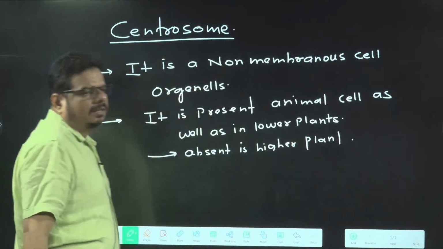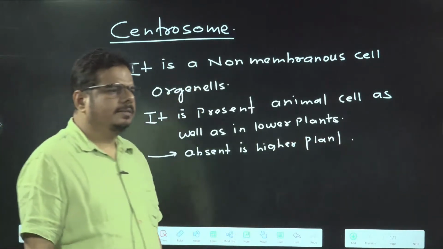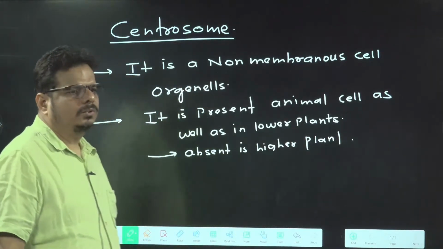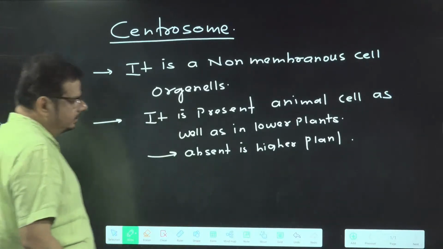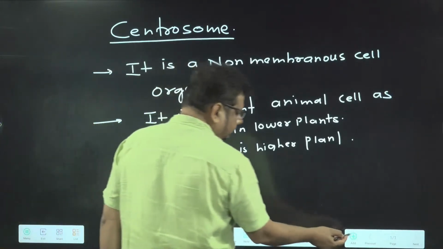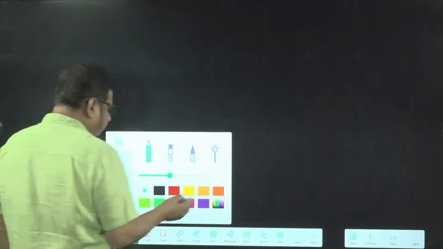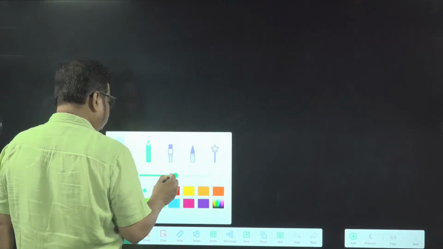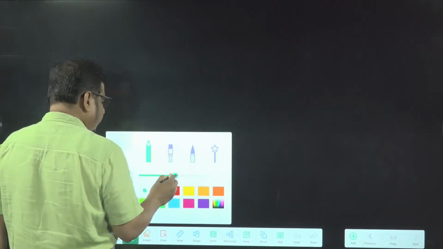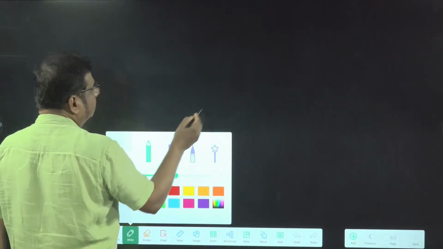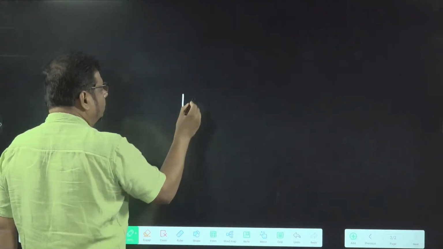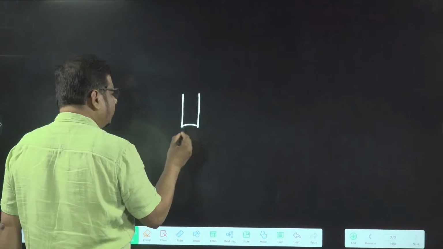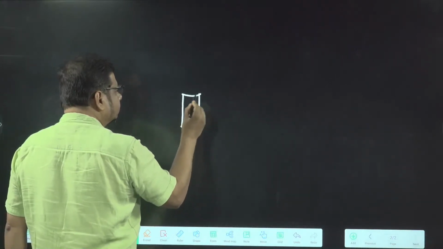Now we are going to discuss the structure of the centrosome. Have a look. The centrosome consists of two centrioles which are perpendicular to each other.